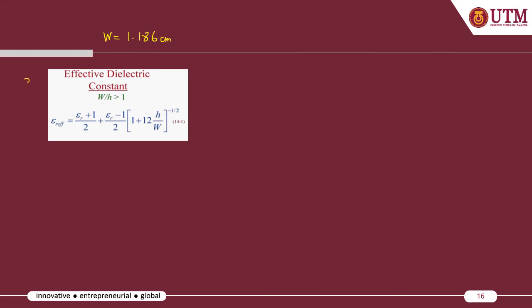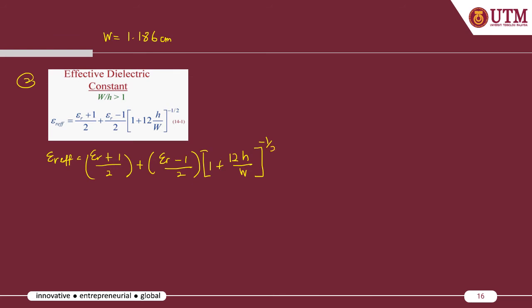So the second step is to determine the effective dielectric constant, given by this equation: epsilon reff equals epsilon r plus 1 divided by 2, plus epsilon r minus 1 divided by 2, multiplied by 1 plus 12h divided by W. Right, so don't forget the power of minus half.